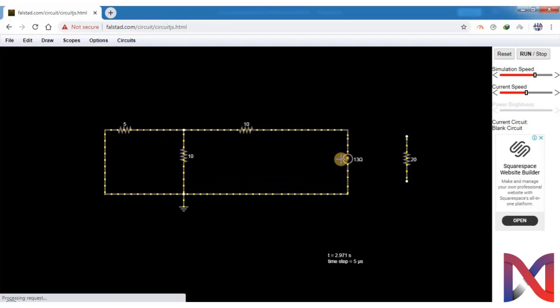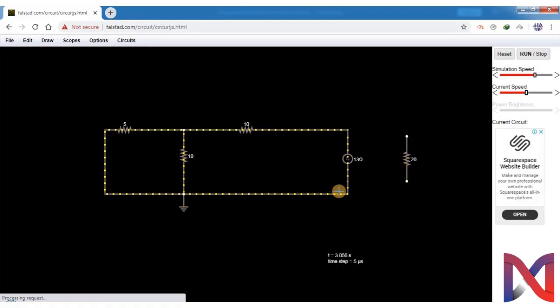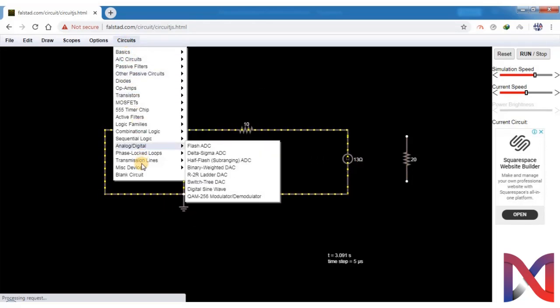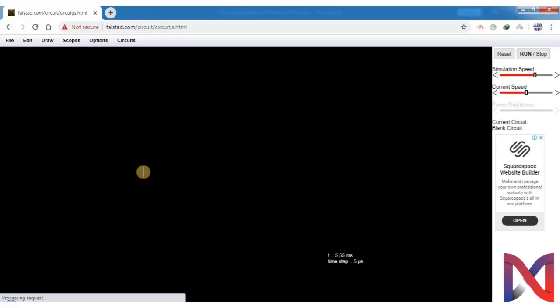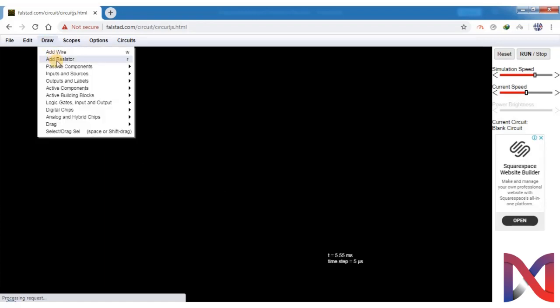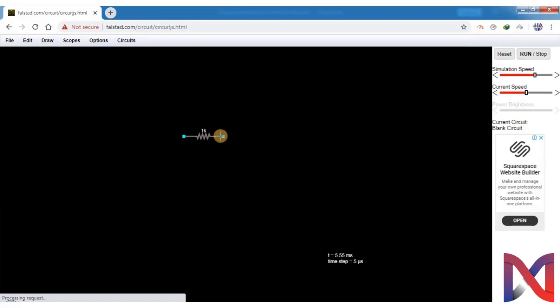Now we will place the R Thevenin here, in our load here. We will simplify the circuit. So we clear the entire circuit as we need to build our new circuit. For that we are going to place two resistors.